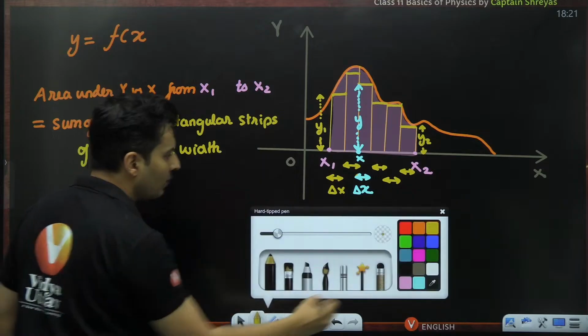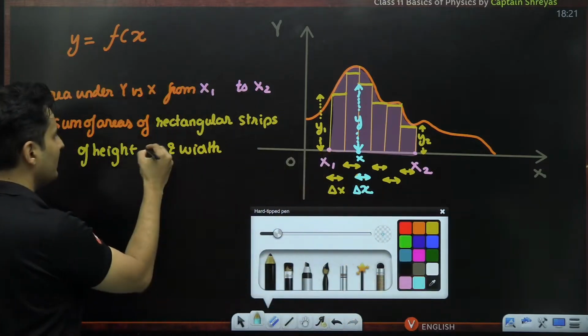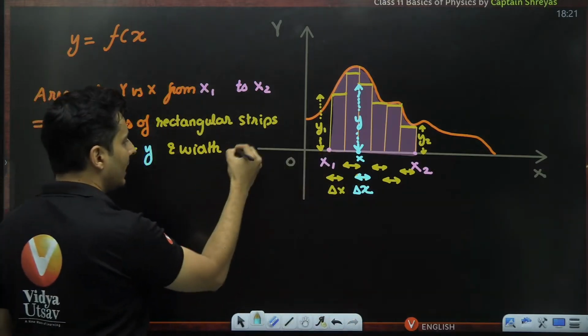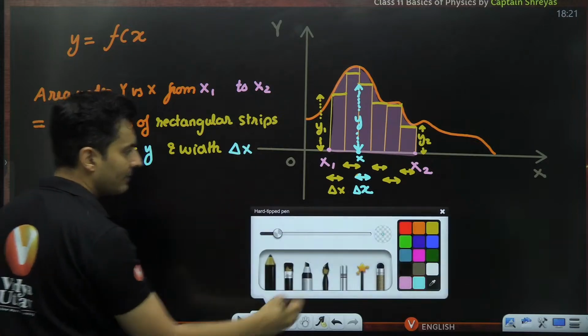The height is basically y in general, and the width is basically delta x.